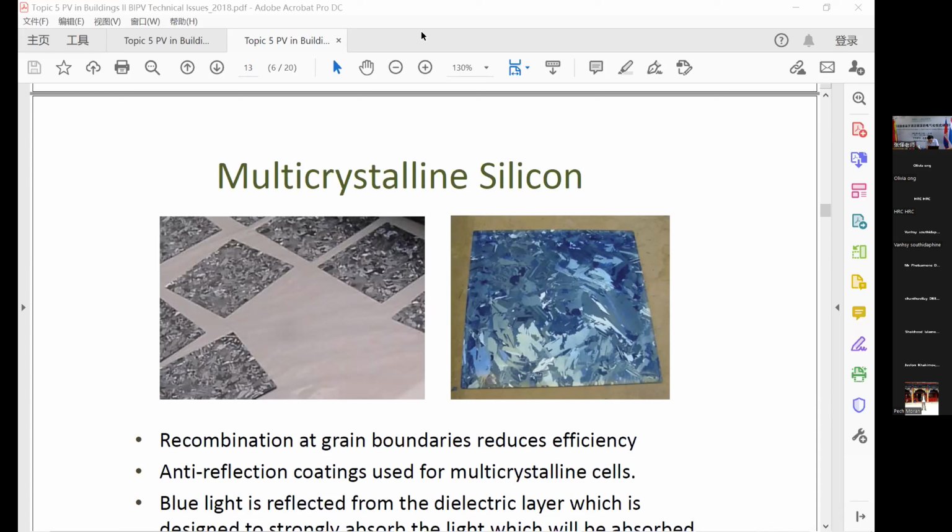Is tandem solar cell commercially available? No. My research focus is tandem solar cells.